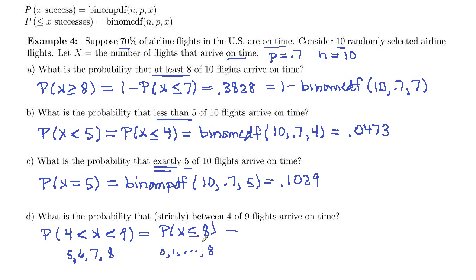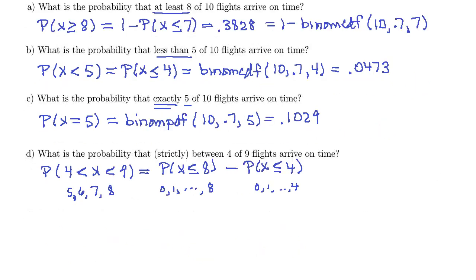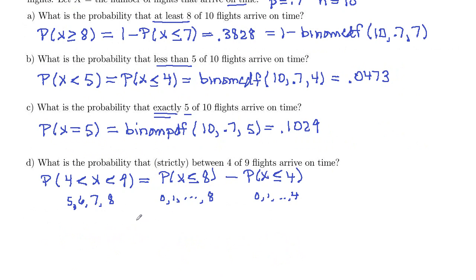And then we could subtract off. We want to have 5 to 8. So we have to subtract off 0, 1, 2, 3, 4. So subtract off 0 to 4, which is probability X less than or equal to 4. So each one of those now is a binomial CDF.